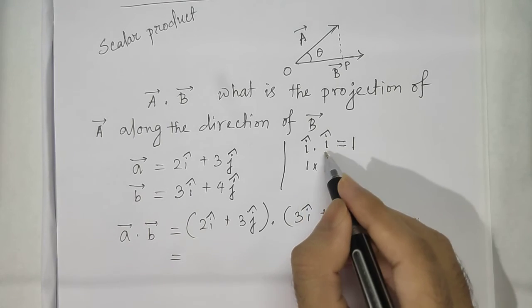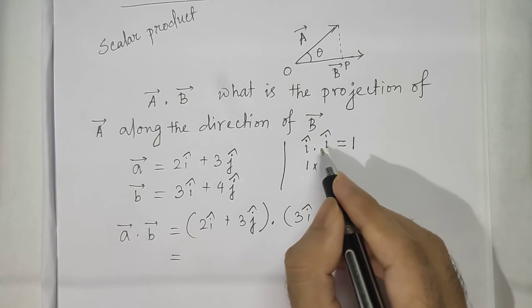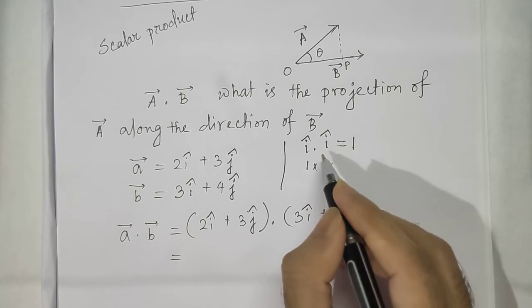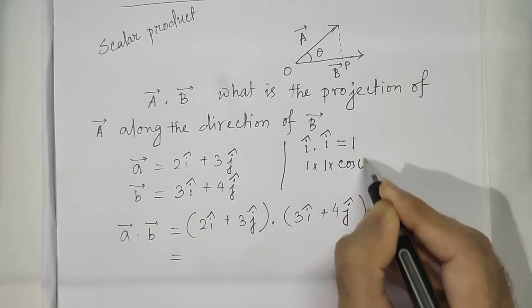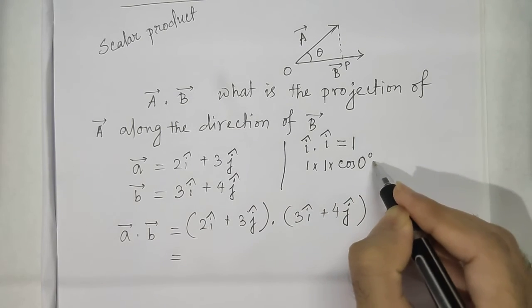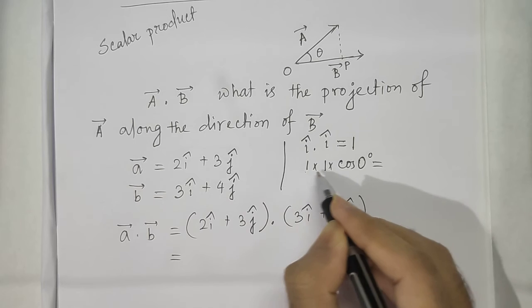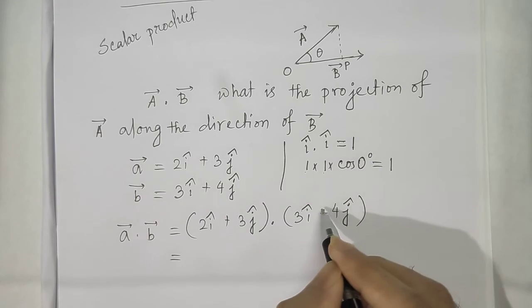What is the angle between these two unit vectors, i cap dot i cap? The angle between these two vectors is 0, so it will be cos 0 degrees. So what is the value? 1 into 1 into cos 0 degrees, which is also 1. So that's why it is 1.